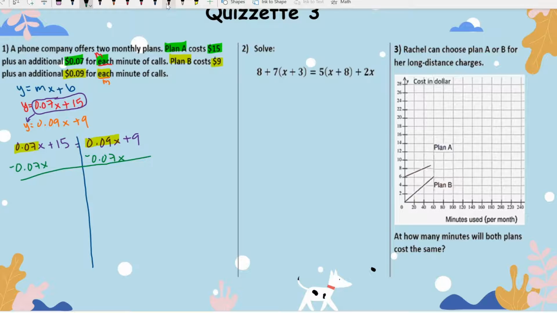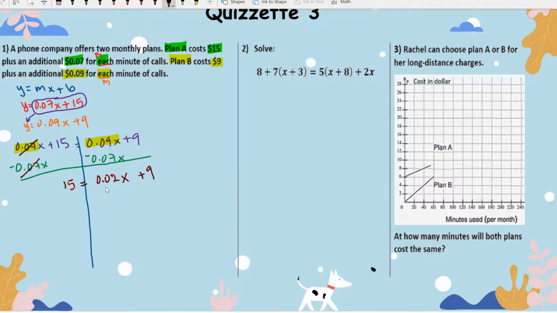When you do that, 0.07x take away 0.07x will give you 0. So we're left with 15 on the left side. 0.09x take away 0.07x is 0.02x, and plus 9. You have 9 cents, you take away 7 cents, you have 2 cents.